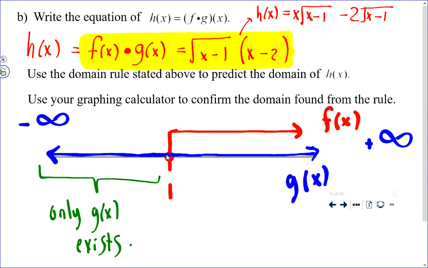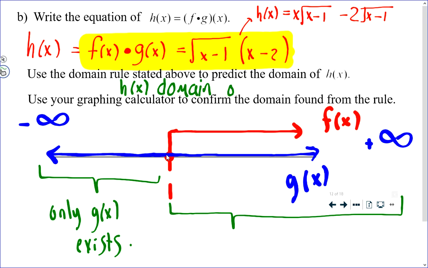The only place you can multiply them would be from this point all the way to positive infinity. And that domain, which is common, is the answer to the question. H of x has a domain of x is greater than or equal to 1.